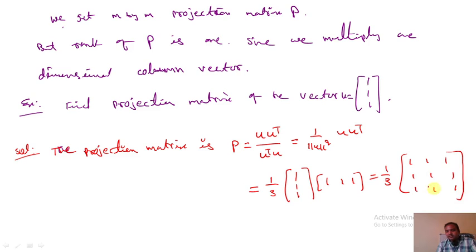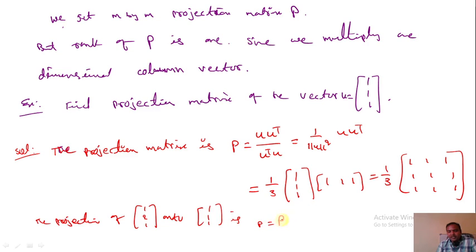This is the projection matrix. Now you can say its rank is 1. All are 3, so these 2 rows, or 2 columns, are dependent. Now you can check the projection. Taking the same example, the projection of V equal to 1 2 1 onto 1 1 1 is small p equal to capital P into V. What is capital P?